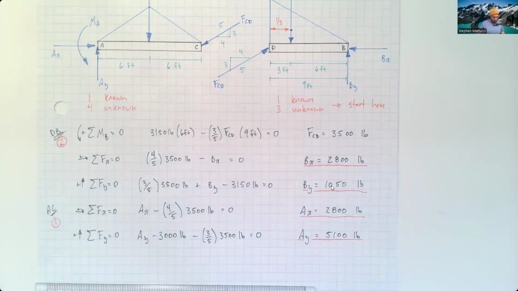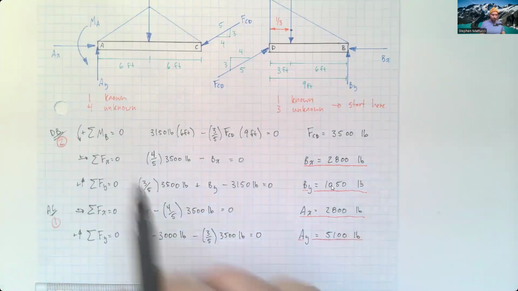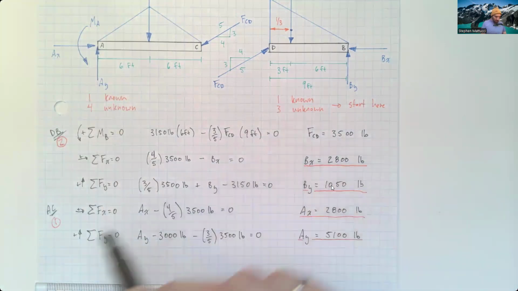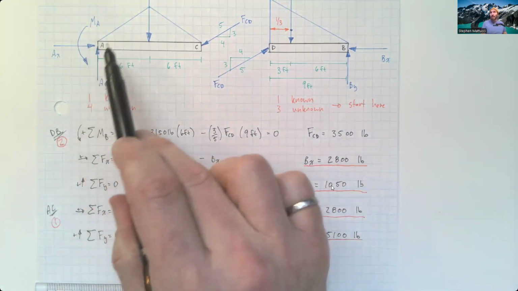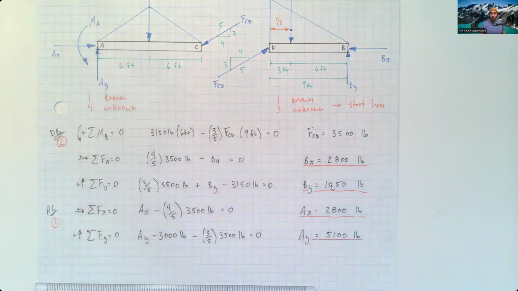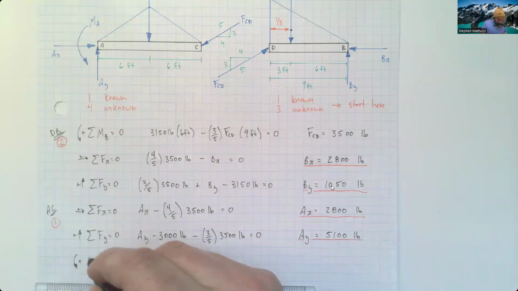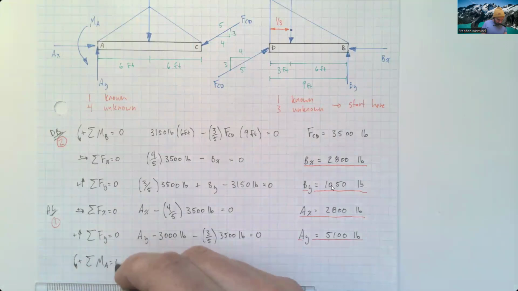Then the last one here, we just need to solve for our moment at A. In this case, we'll sum our moments at A and just include that moment at A from our fixed reaction. So sum of moments about A is equal to 0.